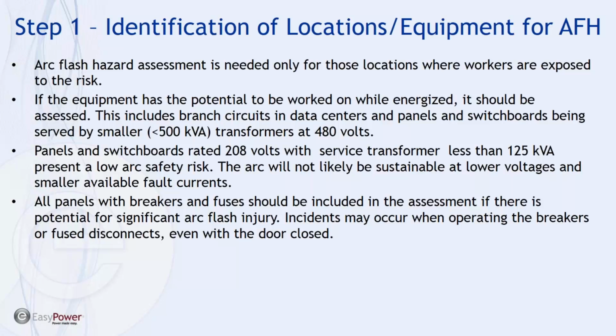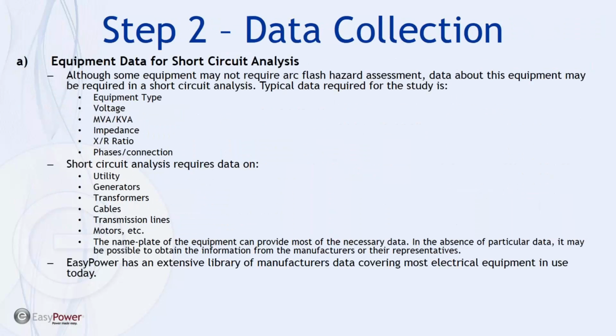More often these days, panels and switchboards rated at 208 volts with service transformers less than 125 kVA are considered low risk, but people still want, for accuracy's sake, that data to be recorded on their one-line diagram. So all panels and breakers and fuses should be included in this data collection process.